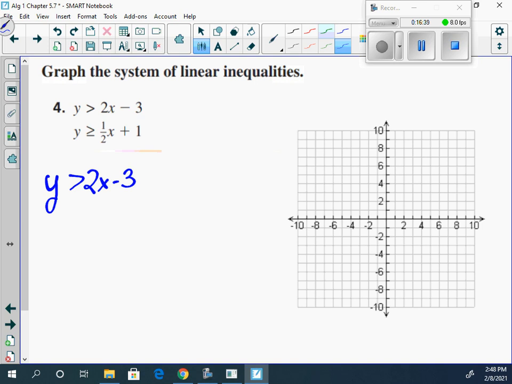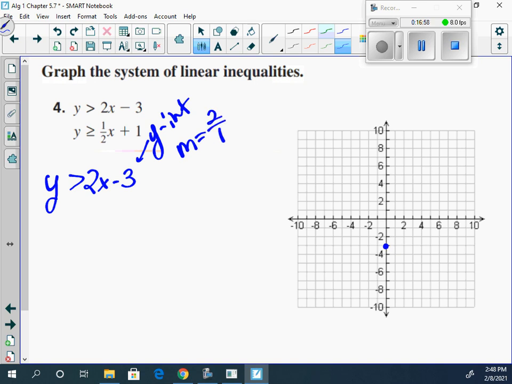Now where do we start? -3 because it's the y-intercept. So I'll go down -3 on the y-axis. And where do we go from here? Because our slope, our value for m is 2 over 1.